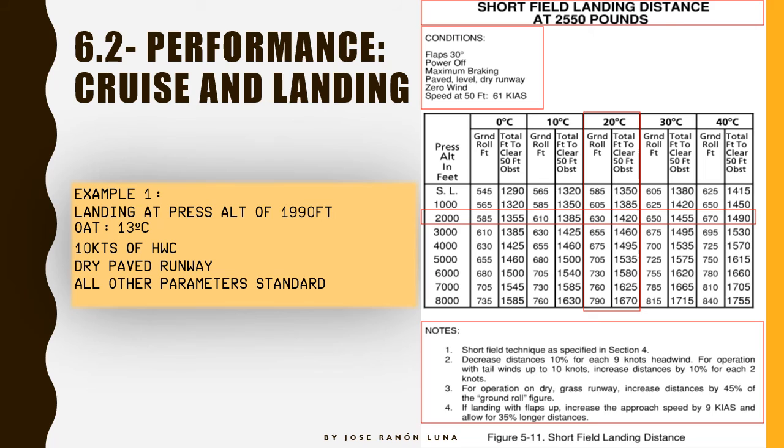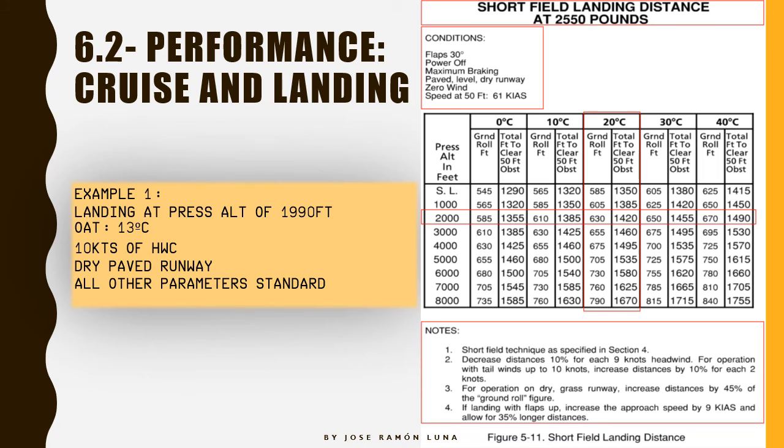The standard landing, as we will be seeing in the normal procedures section, is with flaps down, so we do not have to add any more runway to that. And that's how it is, pretty easy. Step 5, checking that everything is correct. Short field landing distance. Yes, we used the correct chart. Good. So our calculations are correct. Perfect. We finished with this one.